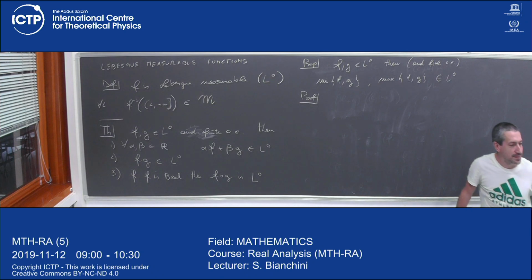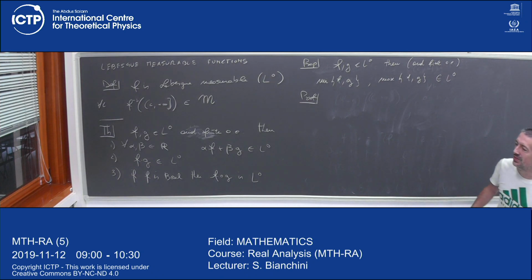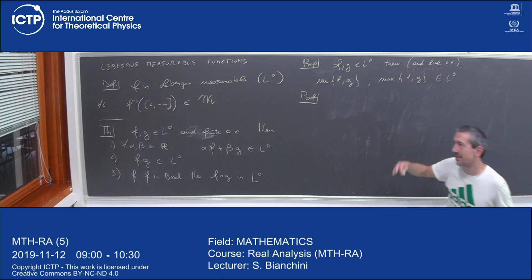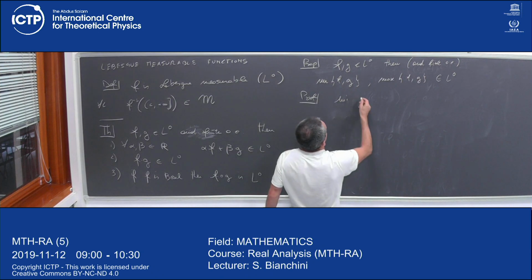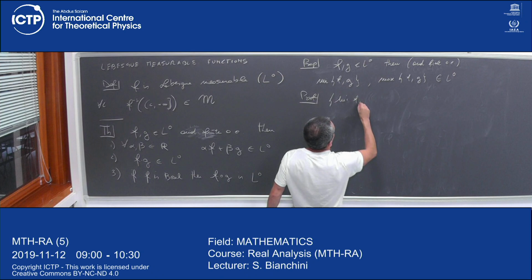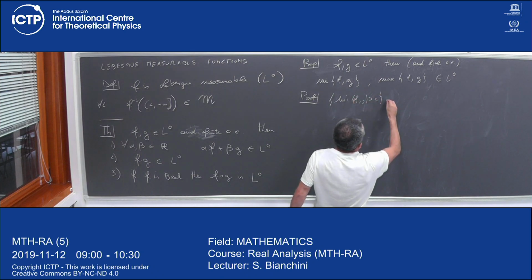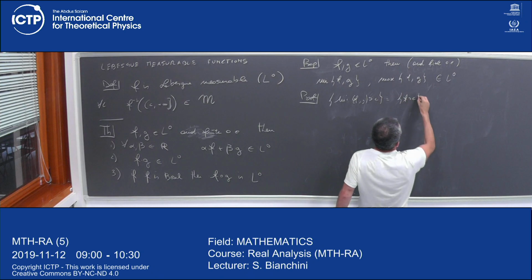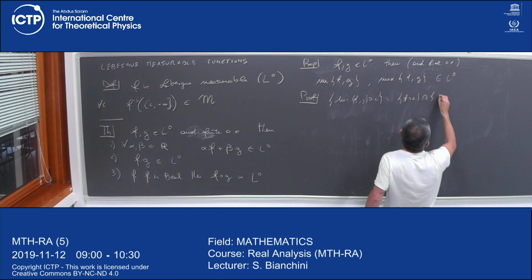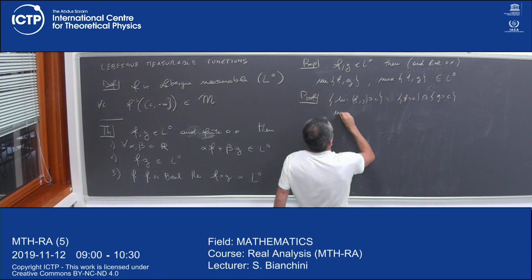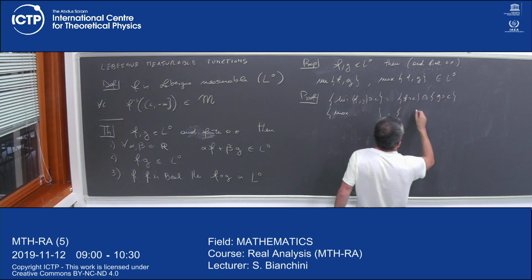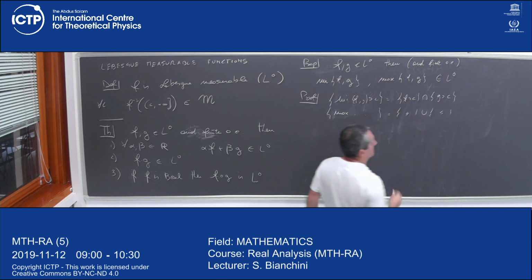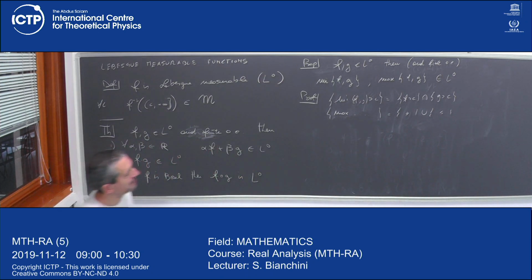Or well, here you can really write directly: the minimum, f, g larger than c, is the intersection. And the max, which is the same, is the union. But yes, since we have the absolute value, we can use that too.